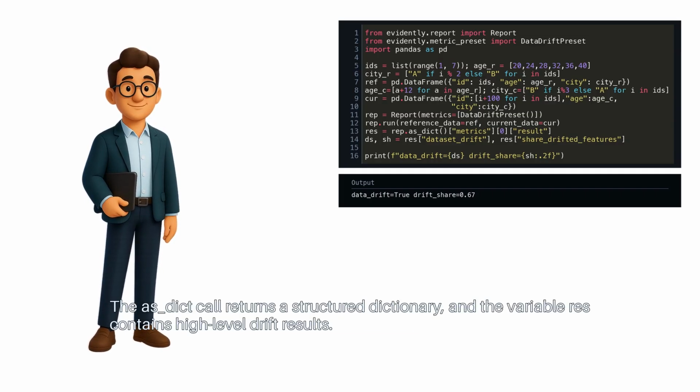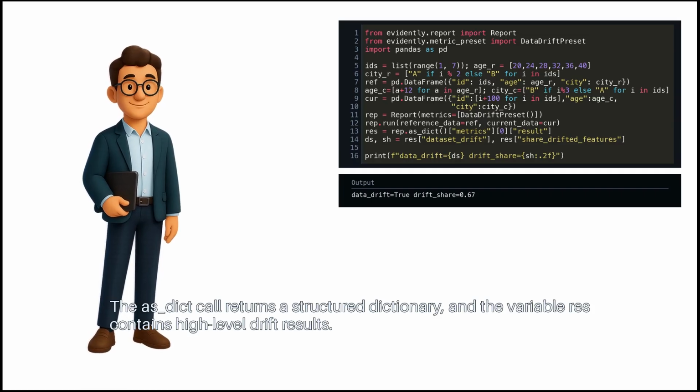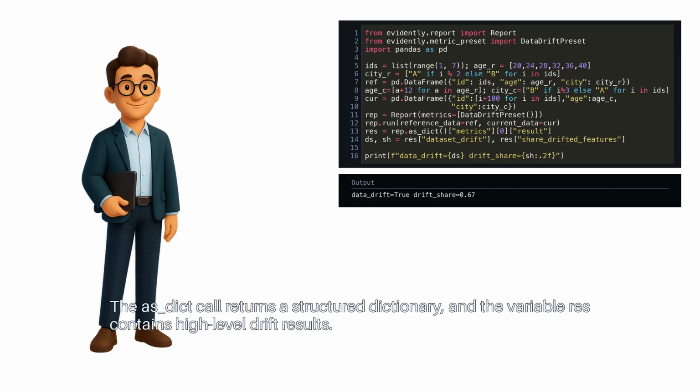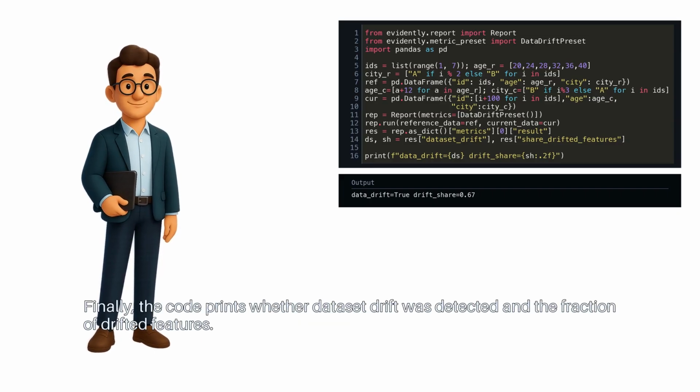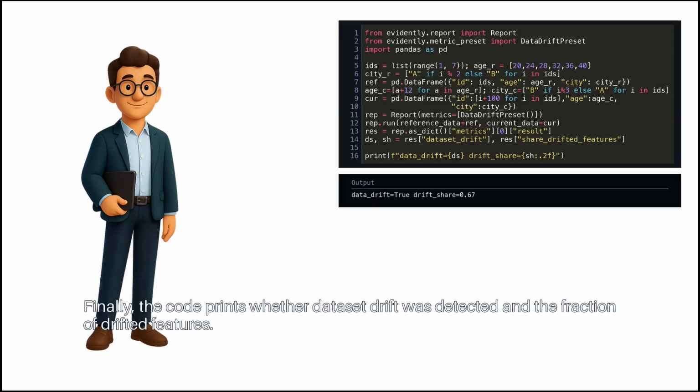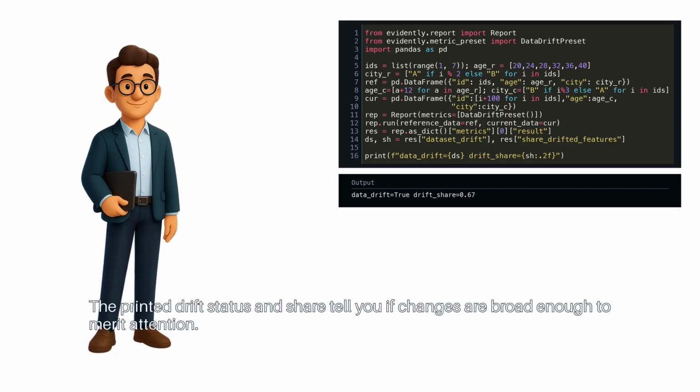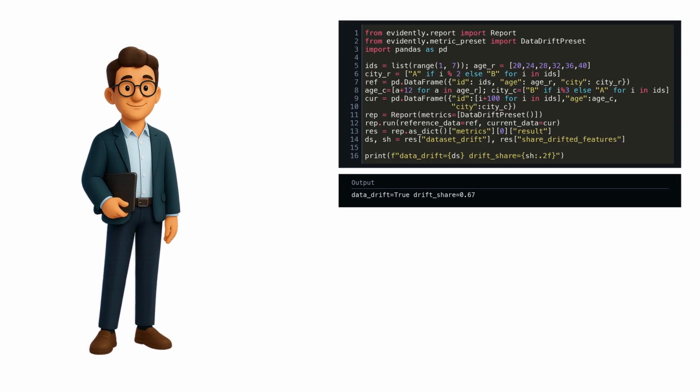The as_dict call returns a structured dictionary, and the variable res contains high-level drift results. Finally, the code prints whether dataset drift was detected and the fraction of drifted features. The printed drift status and share tell you if changes are broad enough to merit attention.